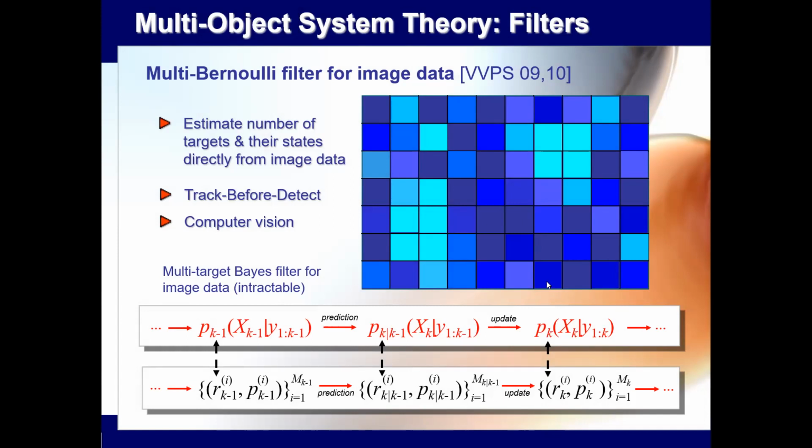What you can do is directly use the scan image itself and put that into the filter. The Bayesian filter can even accommodate the whole data. It's very general. For other details, you can see the reference.